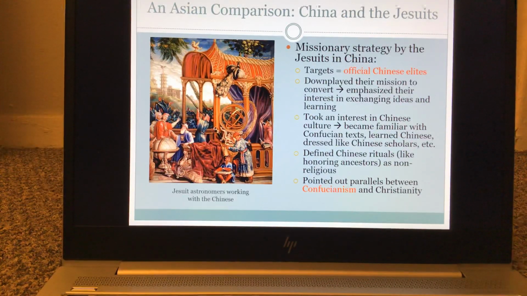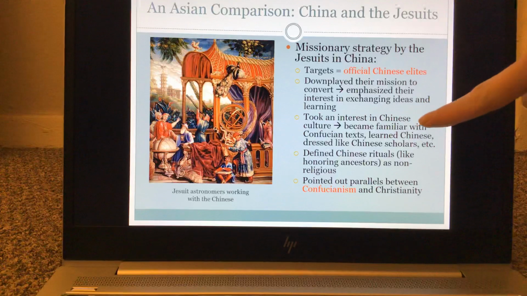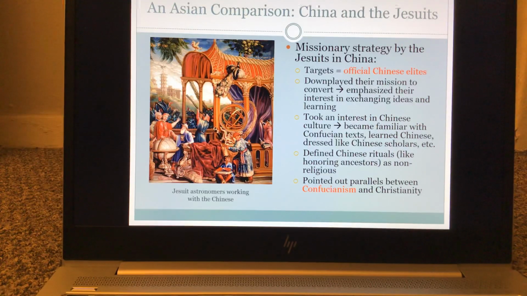Now, the missionaries still attempted to go to China. They targeted Chinese elites, thinking that if you convert the elites, starting at the top of the hierarchy, maybe it'll trickle down to the people. They didn't say this is the best faith, but tried to almost negotiate. They took interest in Chinese culture, hoping the Chinese would take an interest in European culture.